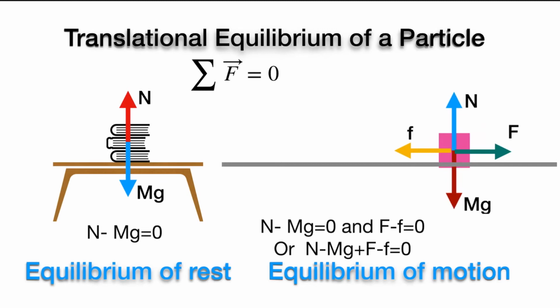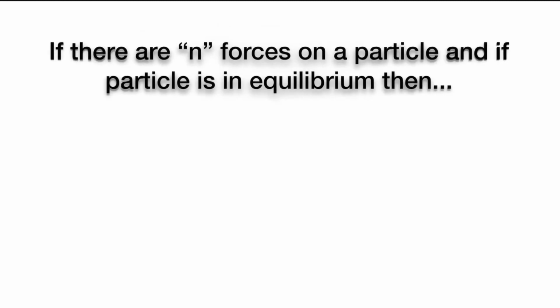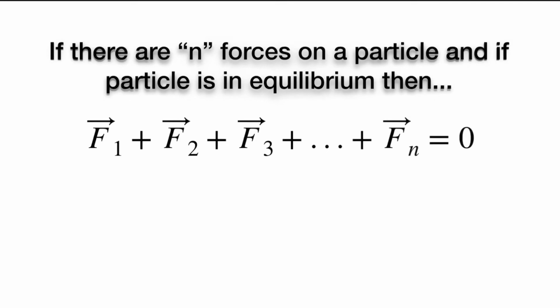In general, if there are n forces acting on a particle and the particle is in equilibrium, then the vector sum of these forces is equal to 0. In the case of two forces, F1 and F2, F1 is equal in magnitude to F2 and in the opposite direction.